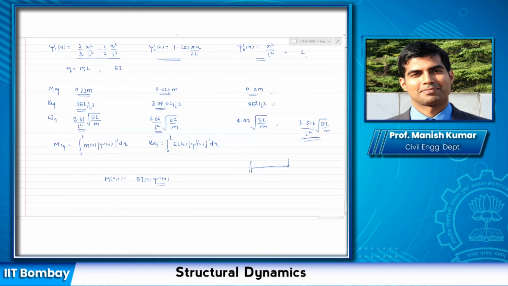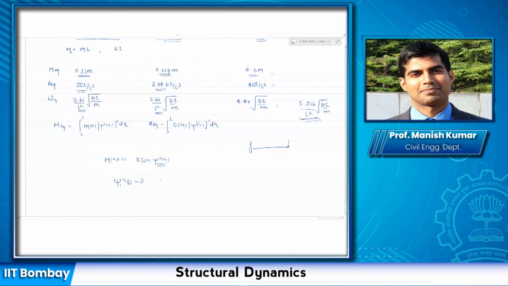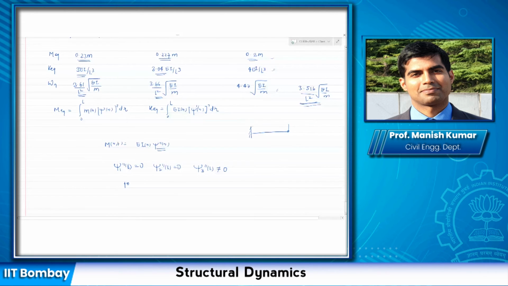So while all three satisfy the displacement boundary condition and are appropriate to be used as shape functions, the first two are more accurate because they also satisfy the force boundary condition. This is just for your understanding, although it does not have any direct implication for the problems that we do in this chapter, but just for your information, this is why some shape functions are more accurate than others.